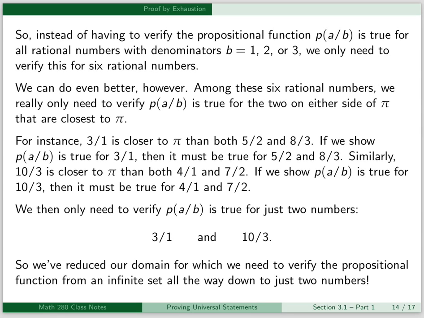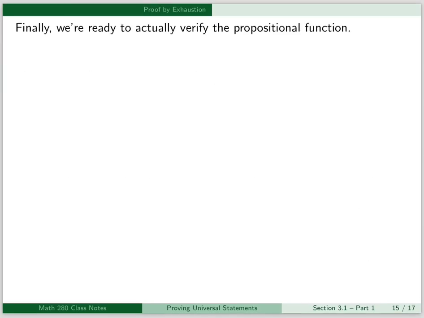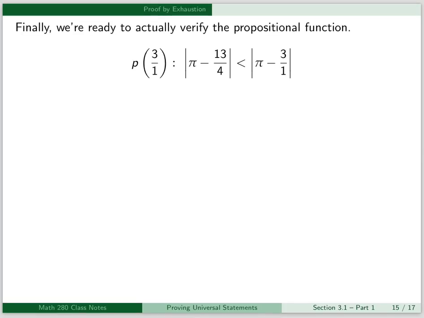So we've reduced our domain for which we need to verify the propositional function from an infinite set all the way down to just 2 numbers. Finally, we're ready to actually verify the propositional function. P of 3/1 is the absolute value of pi minus 13/4 is less than the absolute value of pi minus 3/1.